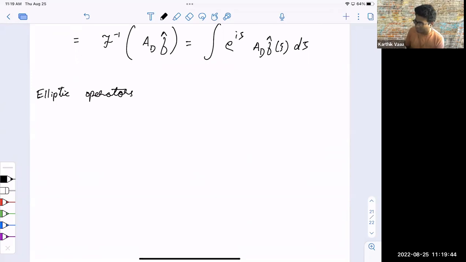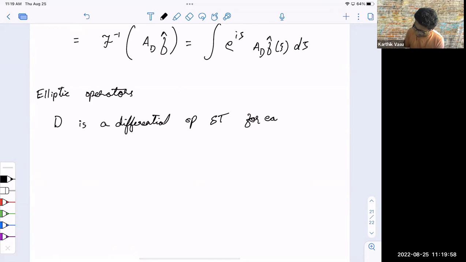Elliptic operators: D is a differential operator such that for each x, you look at the elements of your cotangent bundle, so a point and a cotangent vector ξ, such that ξ is non-zero.